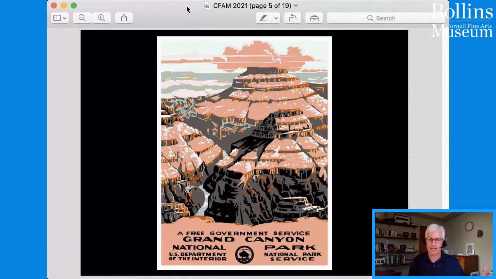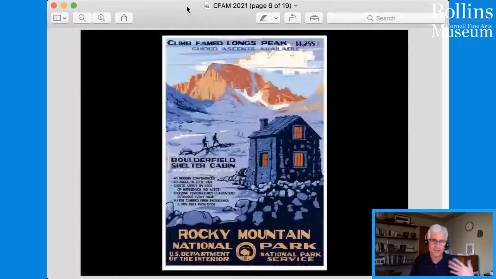And this goes all the way back to the WPA posters, the series of posters that were created in the 1930s and 40s. I think many of you are probably familiar with these. They have a very distinctive color palette, very distinctive font style, and they continue to be reproduced even up to the present day.